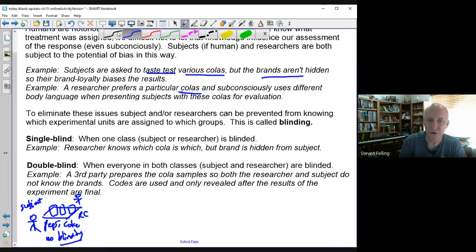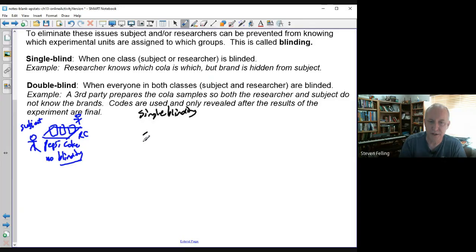Now let's do what's called single blinding. Okay, single blinding would be, imagine if you had, here's my table with colas on here, but I'm not going to allow the subject to know. So the subject doesn't know. So we're just going to label the cups A, B, and C, right? But the researcher knows.